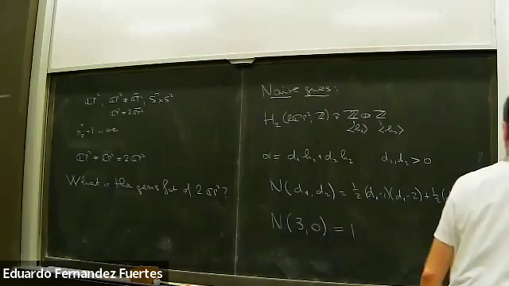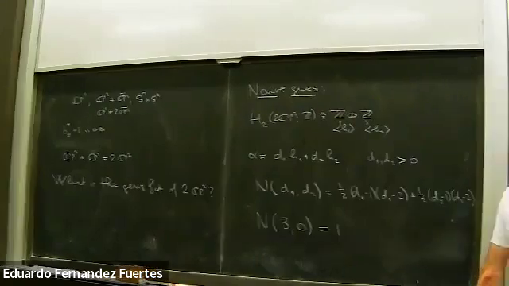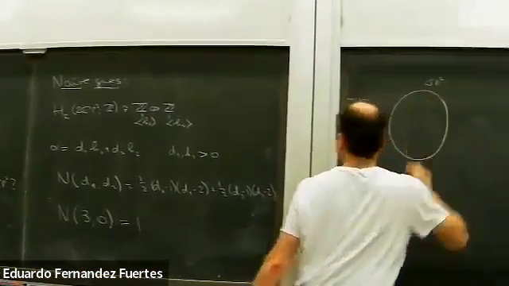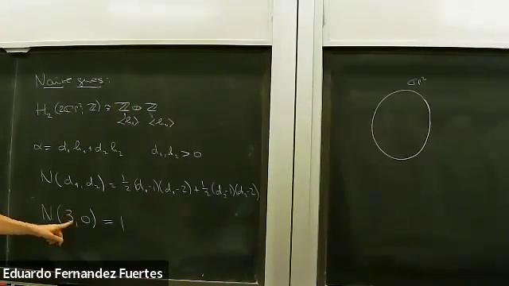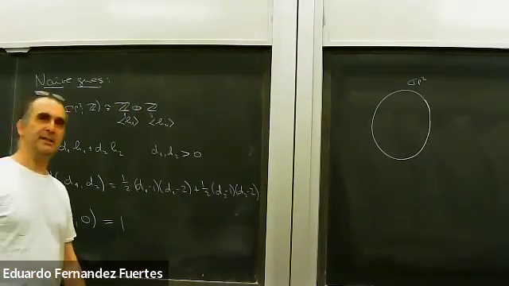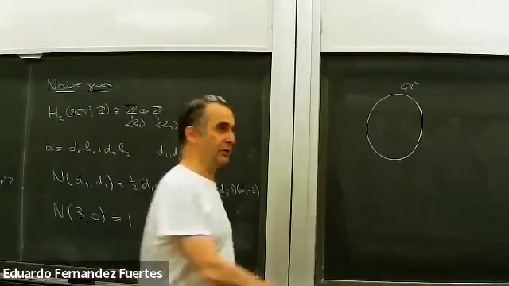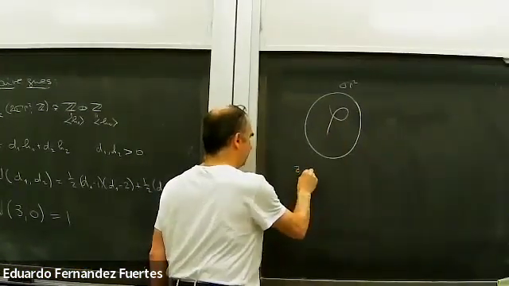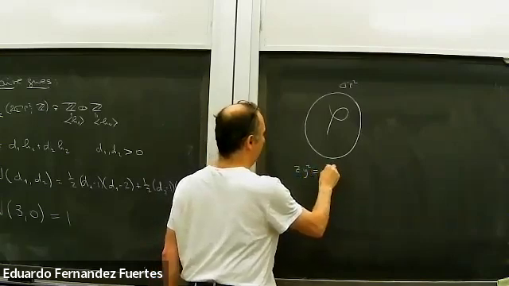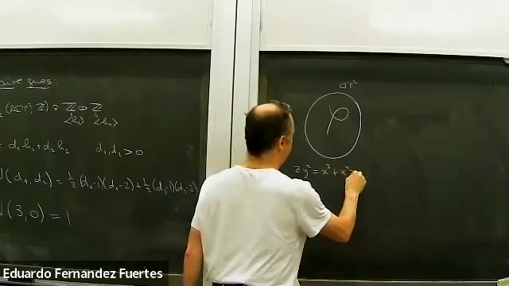And the construction is very simple. You just take CP2, and instead of representing 3 times the generator by a smooth torus, you represent it by a nodal curve. The equation of this curve is z y squared equals x cubed plus x squared z.